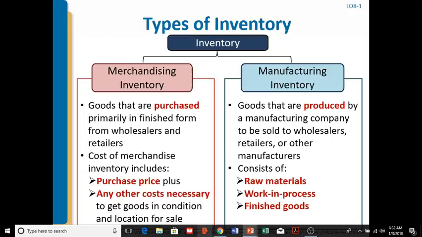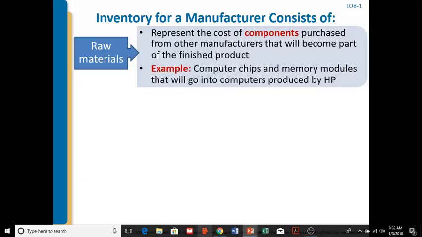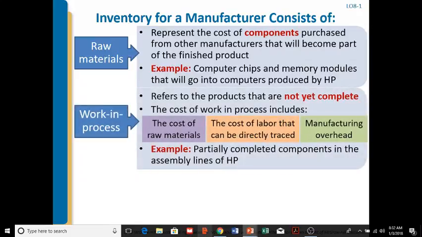Well, they become part of raw materials inventory for HP. So raw materials represents the cost of components purchased from other manufacturers that will become part of the finished product. And as I mentioned, the example they use here is computer chips and memory modules that will go into the computers produced by HP.